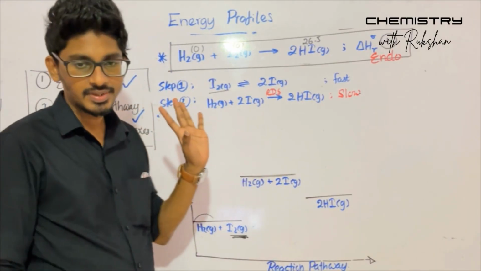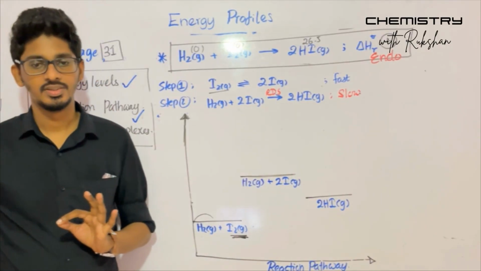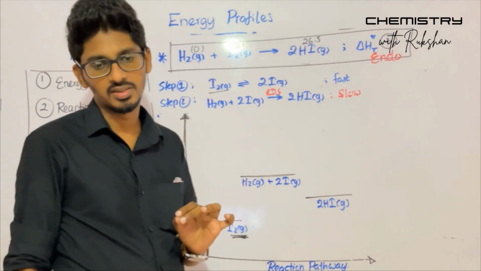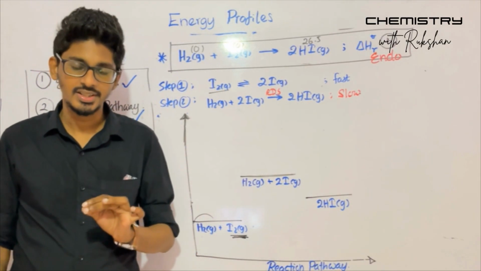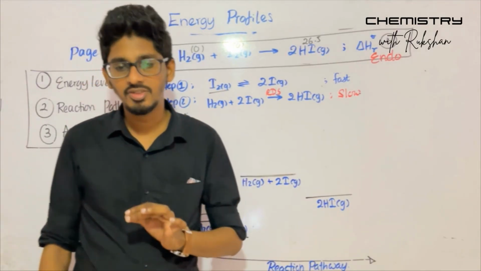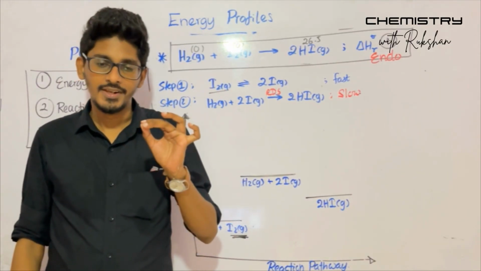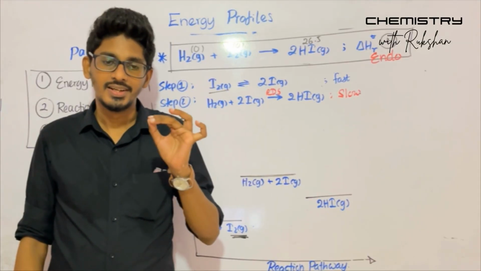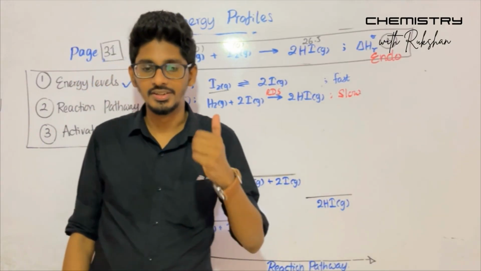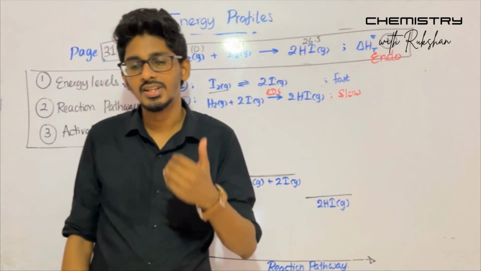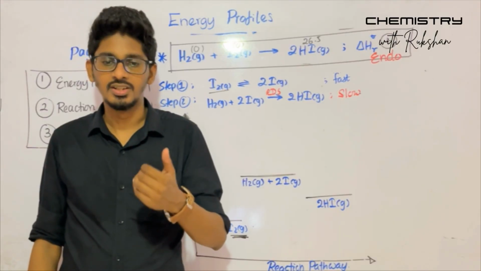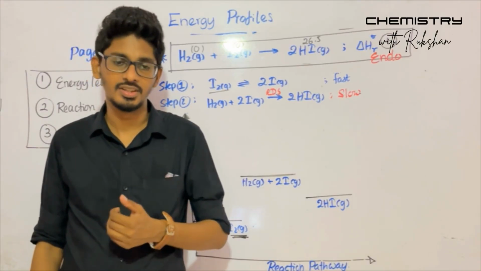Then we are looking for the reaction path. The second thing is to come up with the correct reaction path. When considering the reaction pathway, what we need to do is come up with a higher activation energy for the step which is the rate determining step, the slowest step.